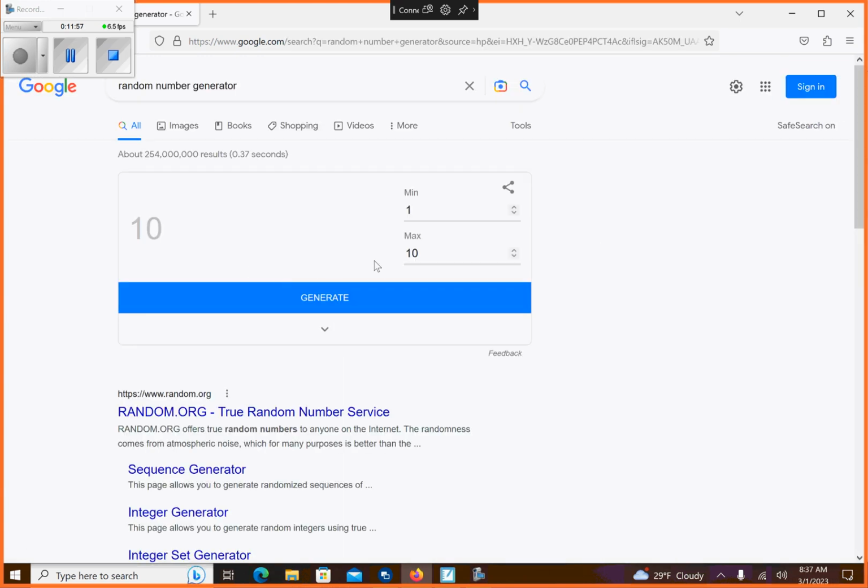So random number generator, we could change this max to 100,000. So let's say we have 100,000 tests. That means that because I collect this random number, I'm going to go find test 50,525. And then I'm going to go find test 80,629.